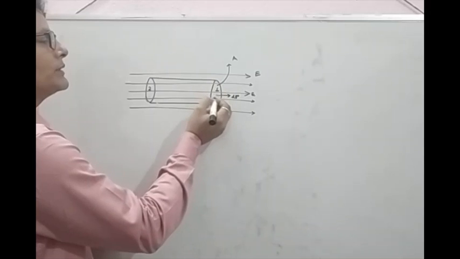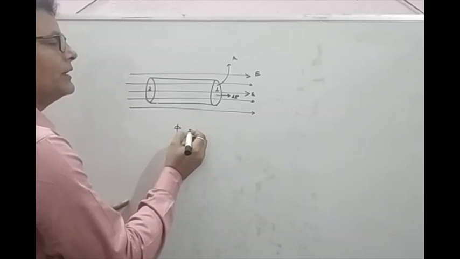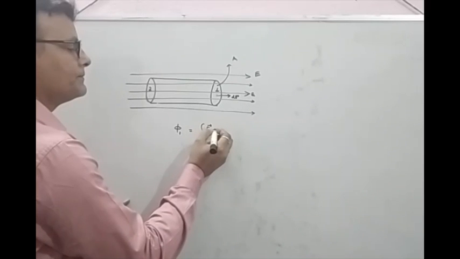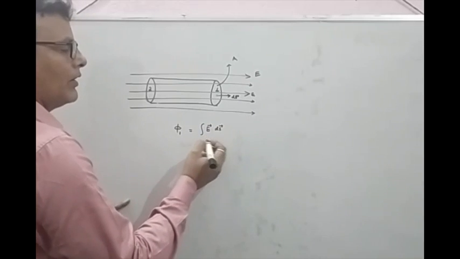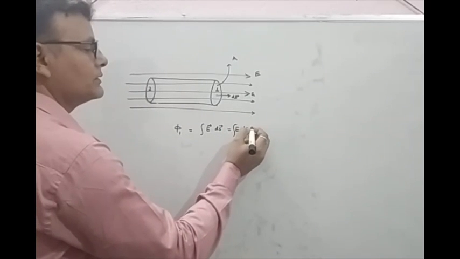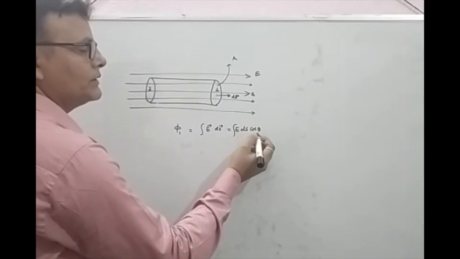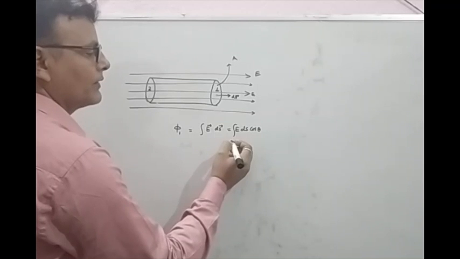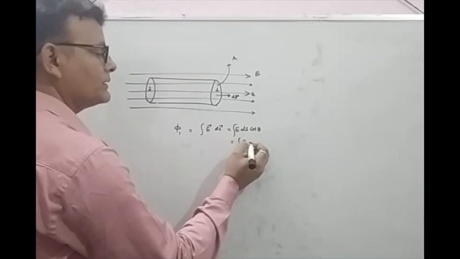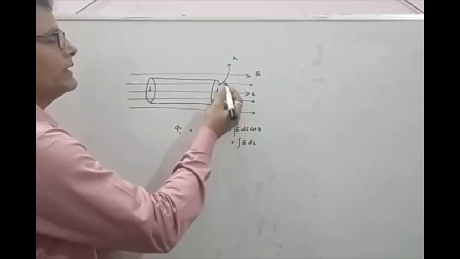So flux through the surface 1, that is phi 1 is equal to integral E dot ds or integral E ds cos theta. Here theta is 0 and cos 0 is equal to 1. Therefore, it is equal to integral E ds. Electric field is uniform, that is constant.